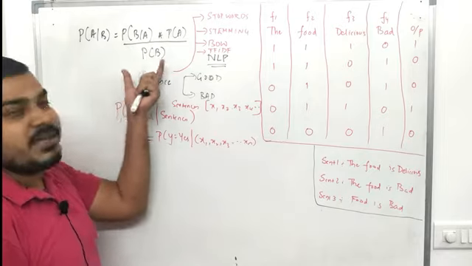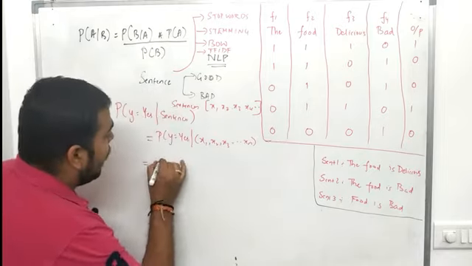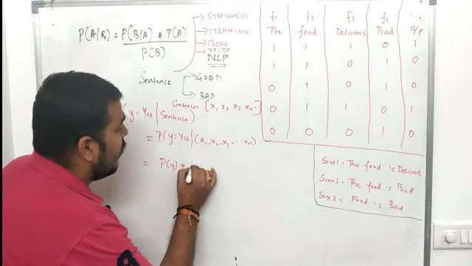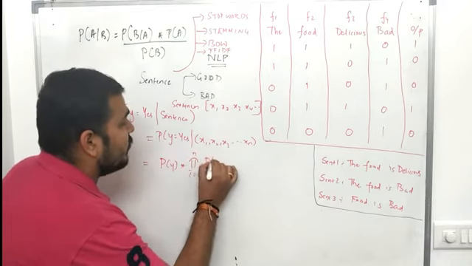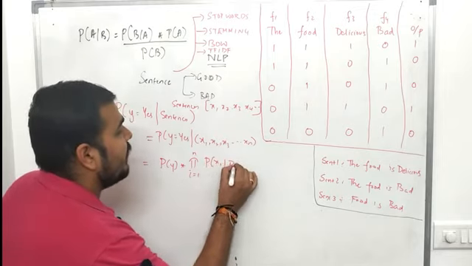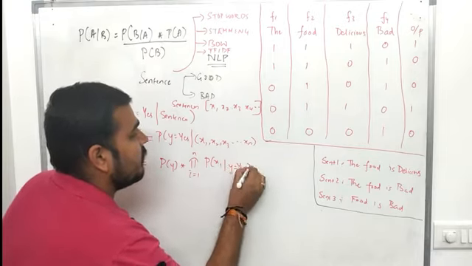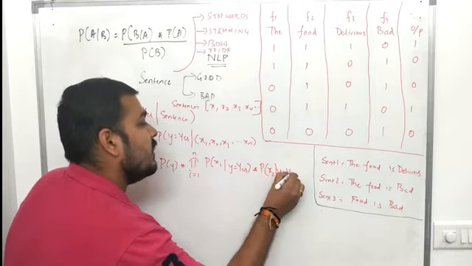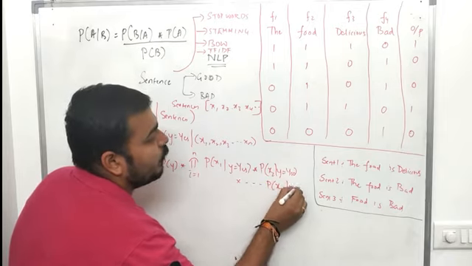Now according to the Bayes theorem, and yesterday also I discussed it, we can write this as the probability of y multiplied by the product for i equal to 1 to n. So I will write it as the probability of x1 given y equal to yes, multiplied by the probability of x2 given y equal to yes, and like this up to the probability of xn given y equal to yes.